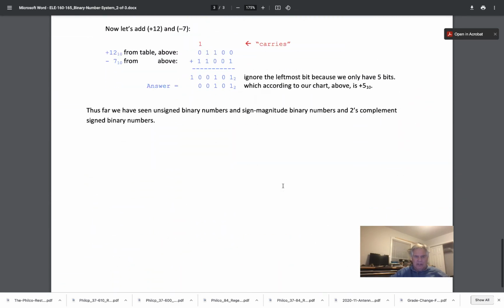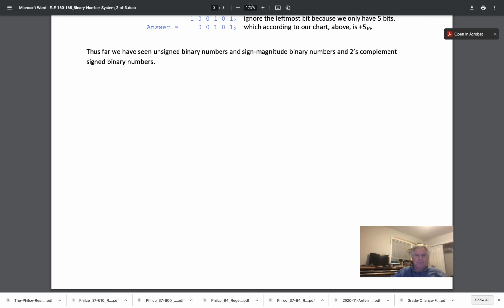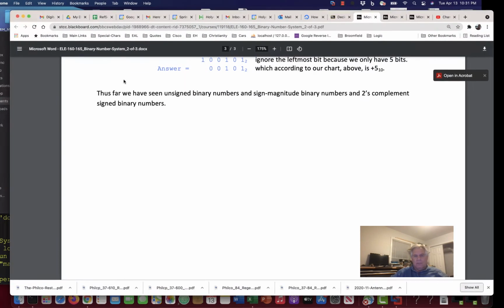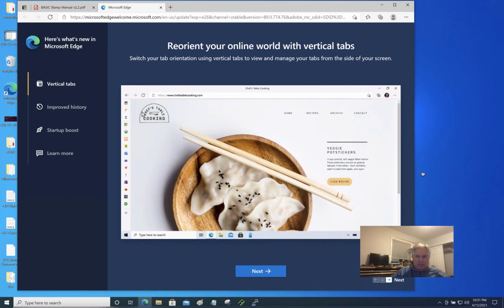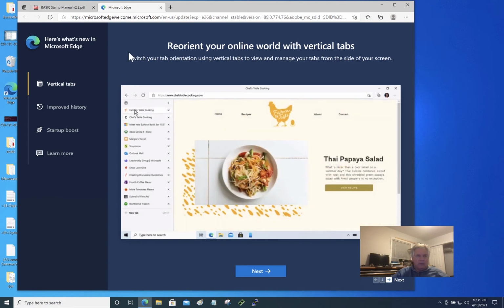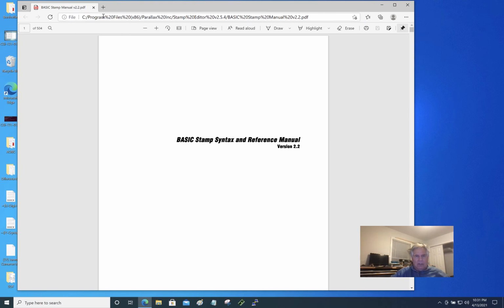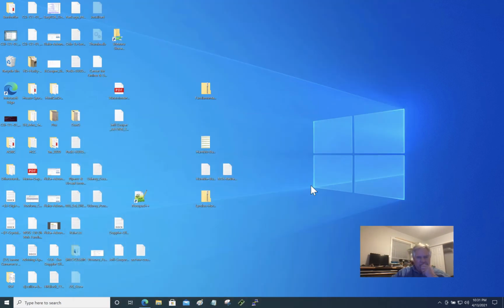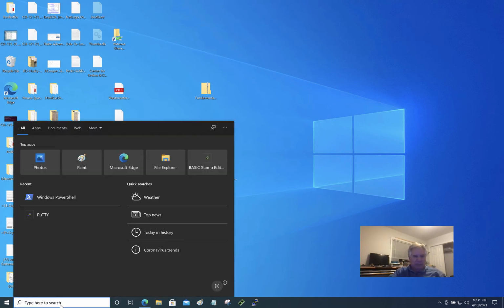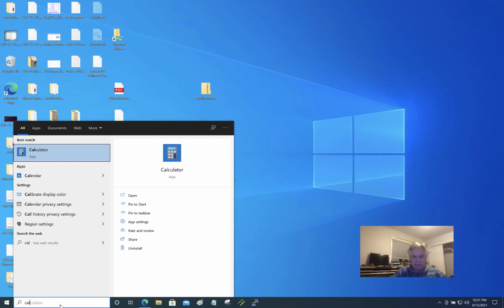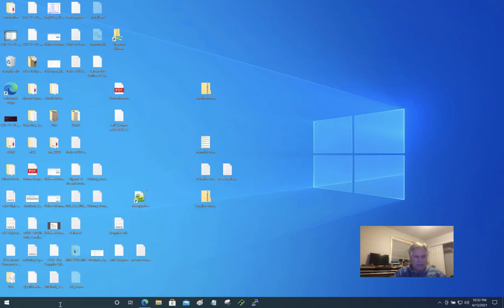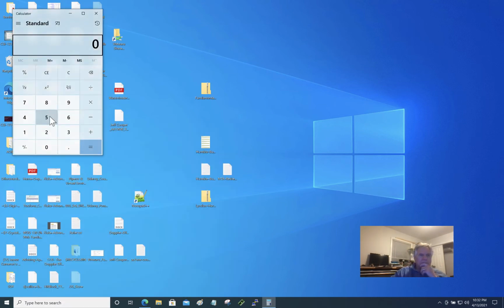So that being the end of that, I want to also show you that as we go over to the Windows side of the world, the Windows calculator has a mode that's really handy. So if I go down here and I type calc, the view right now is standard, right?